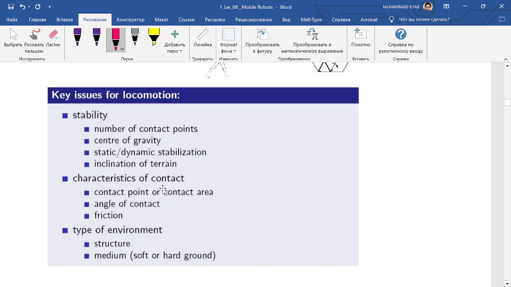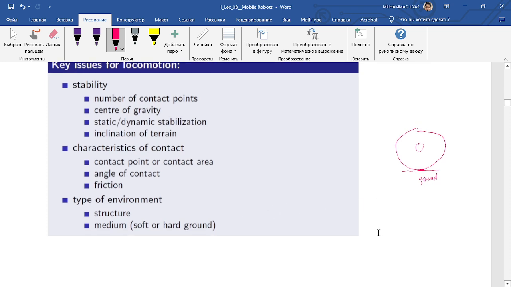For example, a wheel. If I draw a wheel over here, we see that ideally there is one point of contact over here with the ground, right? The stronger this contact is, the more stable our motion will be.